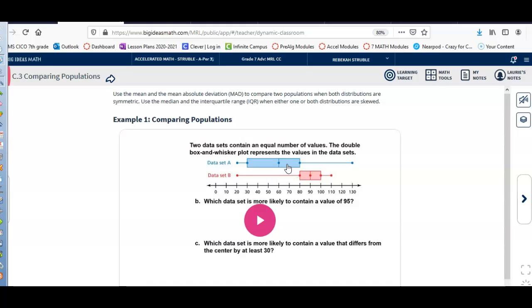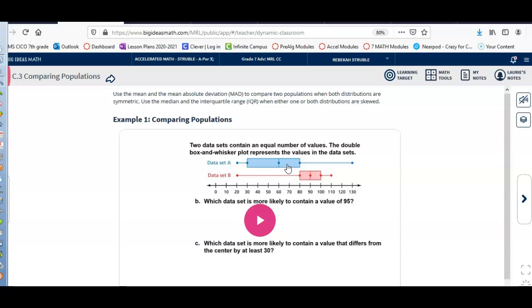We're going to use the median and the interquartile range when either one or both populations' data is skewed. Okay. To find more information on symmetric or skewed data, please make sure to see my video containing box plots and how to interpret those and make those.